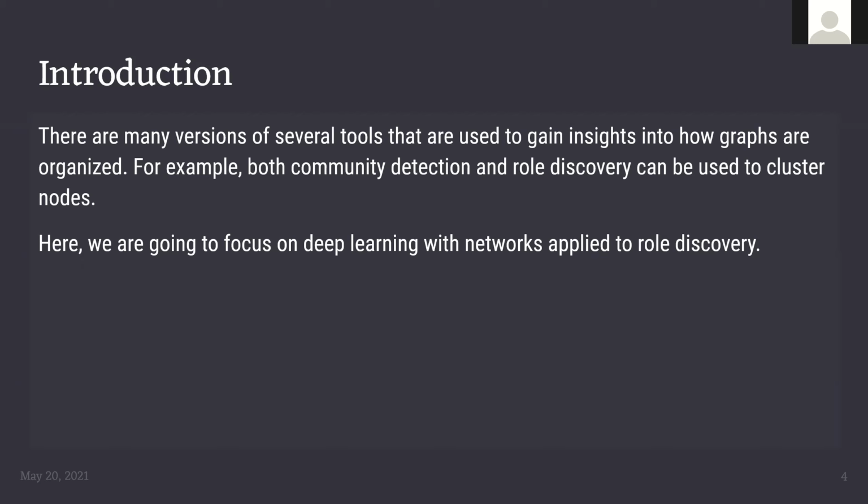As is the case with a lot of tools out there, there are a lot of slightly different versions of carrying out a specific task. What we are going to focus on today is deep learning with networks applied to the discovery of roles in graphs. I don't want to spend a lot of time revising the differences between communities and roles, because we already went through them.